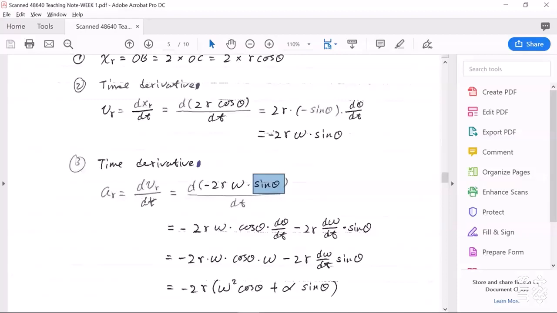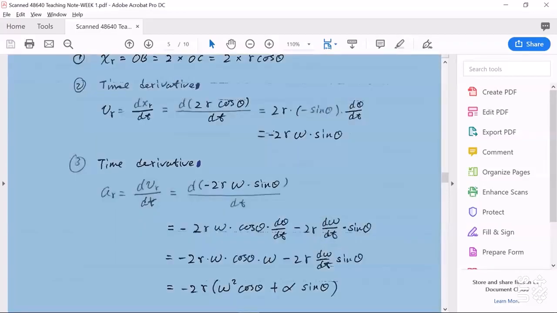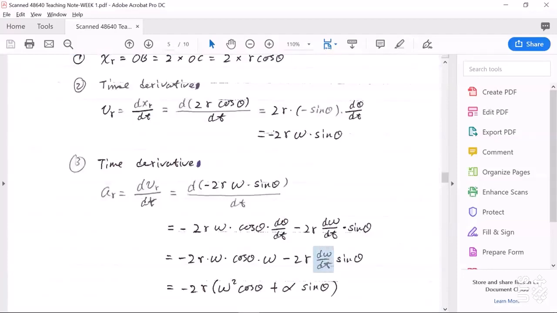And here we get cosine theta times d theta dt. d theta dt gives us omega. Next, we fix sine theta, do time derivative on omega, d omega dt. d omega dt gives us alpha.